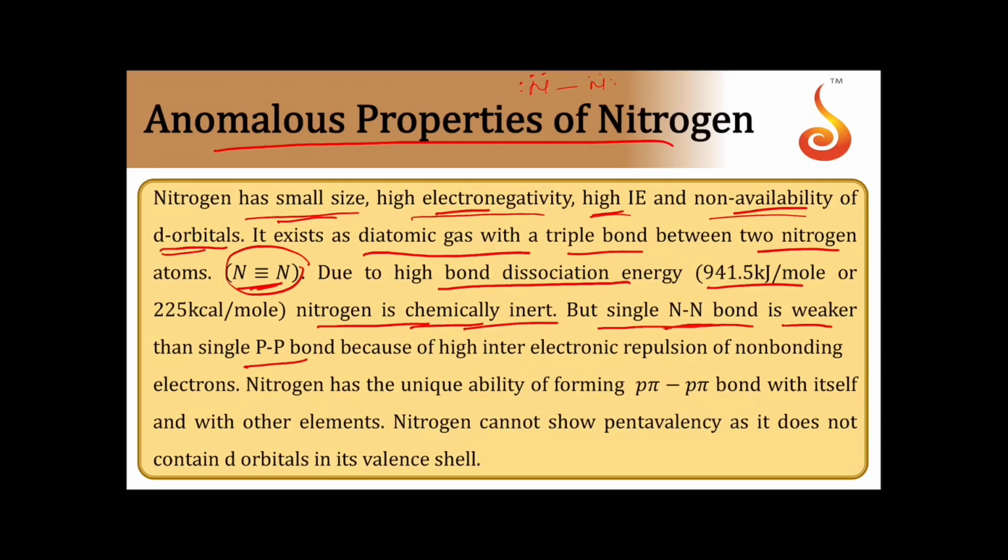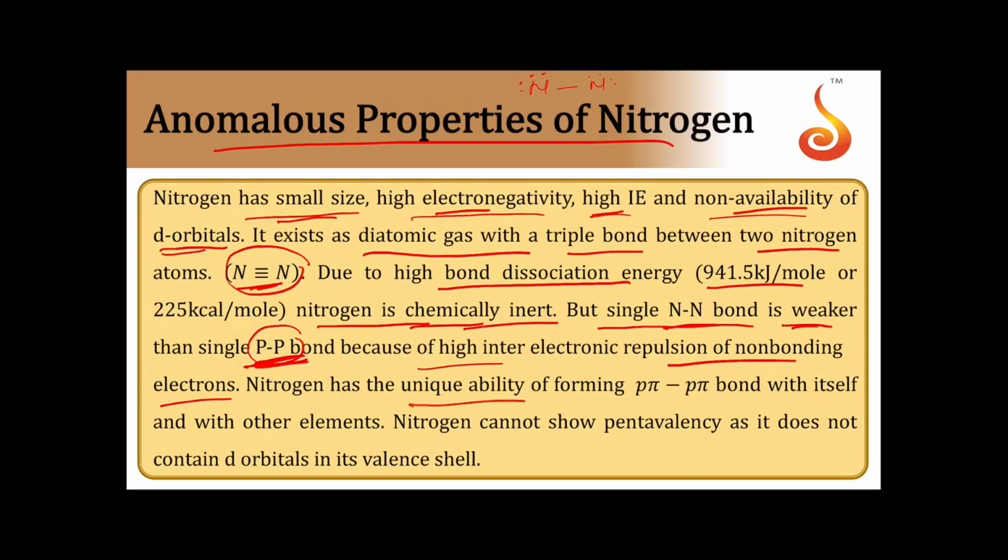So the single N-N bond is weaker than the single P-P bond because of high interelectronic repulsions of non-bonding electrons. Phosphorus has a larger atom size. Though it has the same number of electrons, the electron density will not be much, so the repulsive force between the non-bonding pairs of phosphorus will not be much. Hence, it has a stronger bond compared to nitrogen.